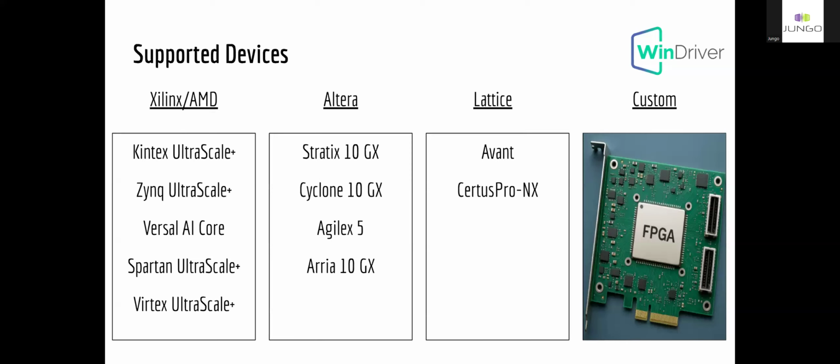WinDriver will identify your PCIe logic block or FPGA as a PCIe device, and it will handle it like every PCIe device it has ever encountered. So once the design is set up, go to the machine that is connected to the FPGA, download WinDriver, open it, and you can choose your device from the list.